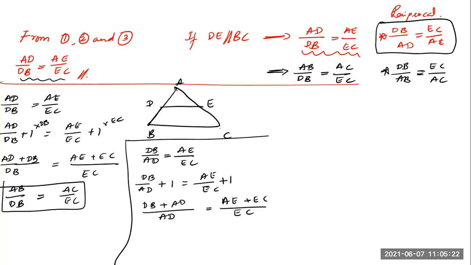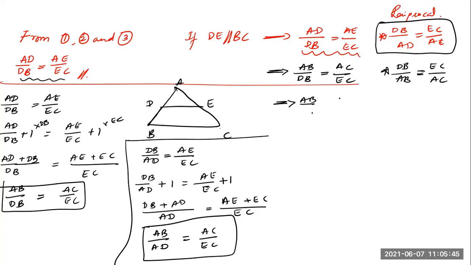So DB plus AD is again AB divided by AD is equal to AE plus EC, that is AC divided by EC. So this is another relation. So another one is AB by AD is equal to AC by EC, and its reciprocal is AD divided by AB is equal to AE divided by AC.